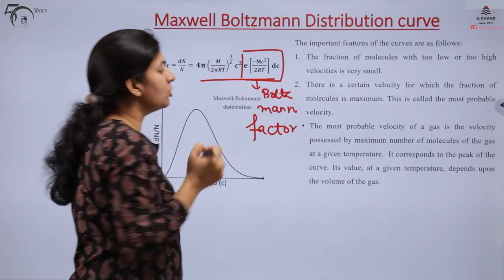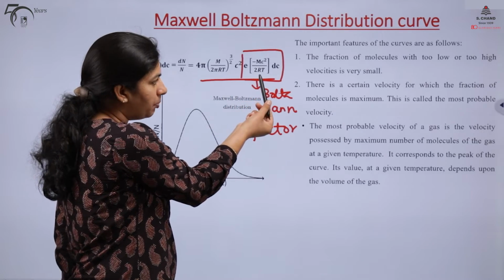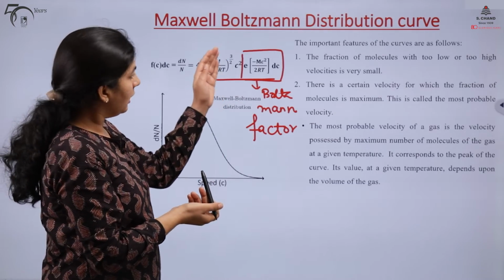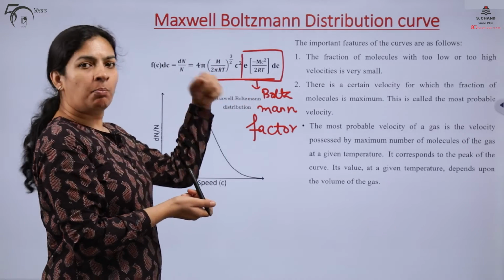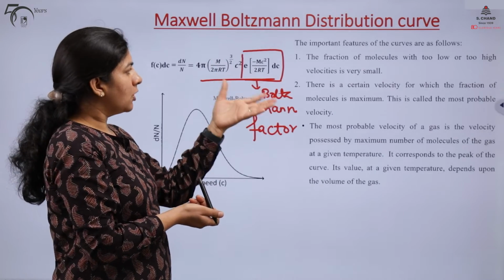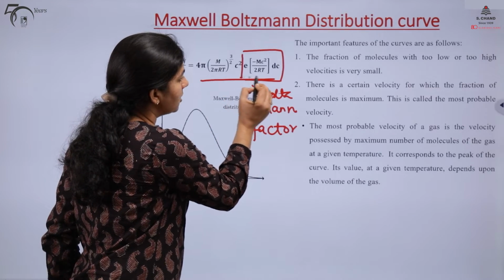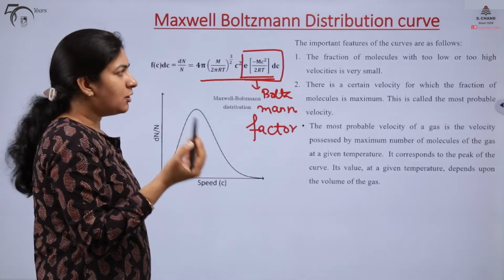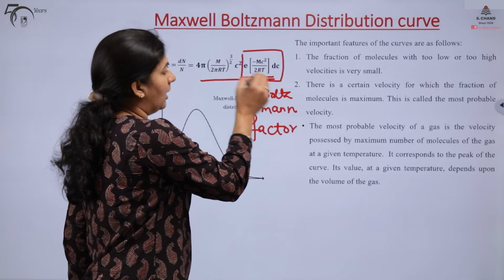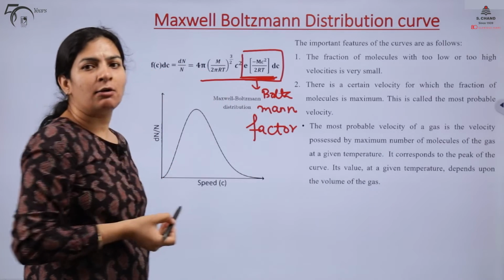So what happens to the Boltzmann factor at an elevated temperature? As the temperature increases, it is in the denominator, so it is inversely proportional, but there is a negative sign, so a double inverse will make it positive. So the fraction of molecules is proportional to the Boltzmann factor. The fraction of molecules having higher velocities at higher temperature will be higher because of this factor.